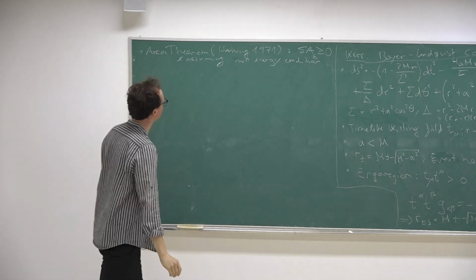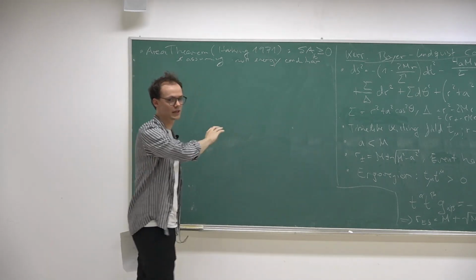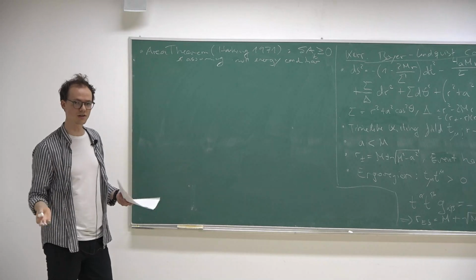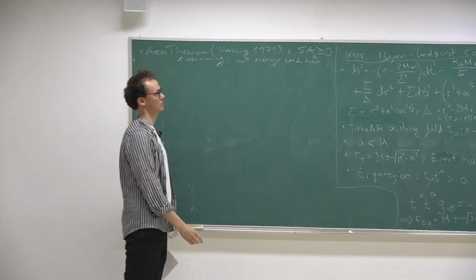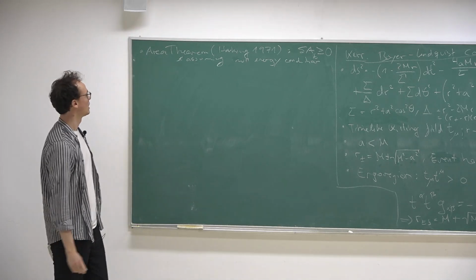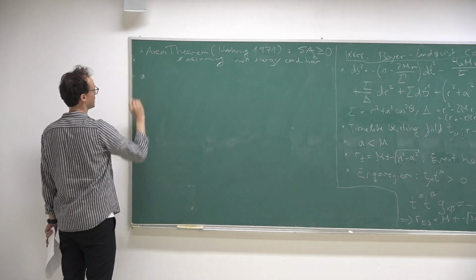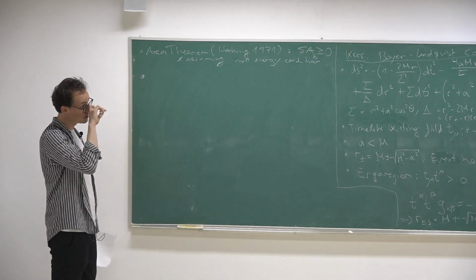Basically this is just a caveat. You should think of this as any matter we can think of satisfies this, and so if you throw something into the black hole, its area can either stay the same or only increase. So what you can picture this area to be is basically an irreducible mass.